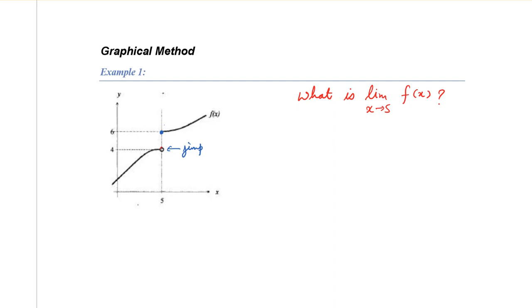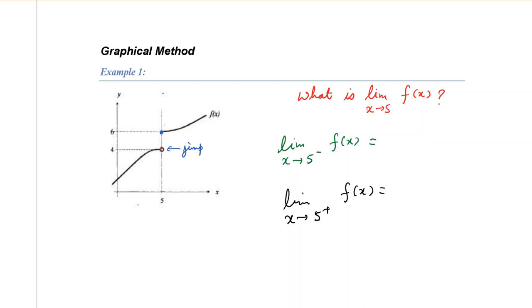So first we'll figure out the limit as x approaches 5 from the negative side, and then the limit as x approaches 5 from the positive side, and see what happens to the value of the function. So let's take a look.